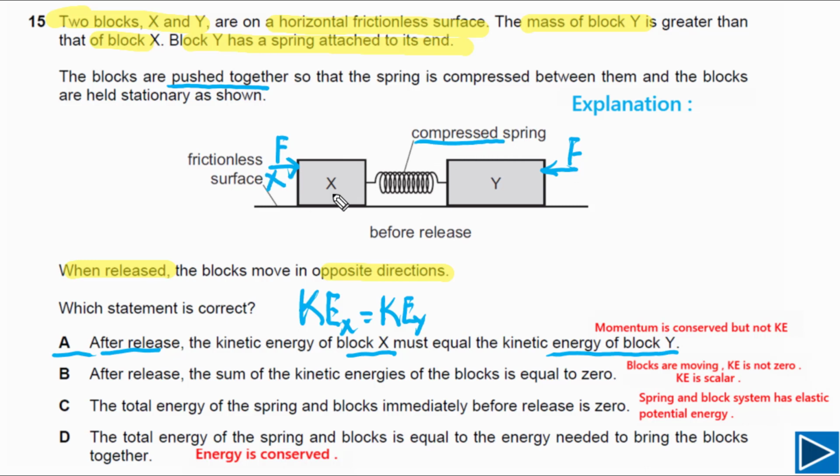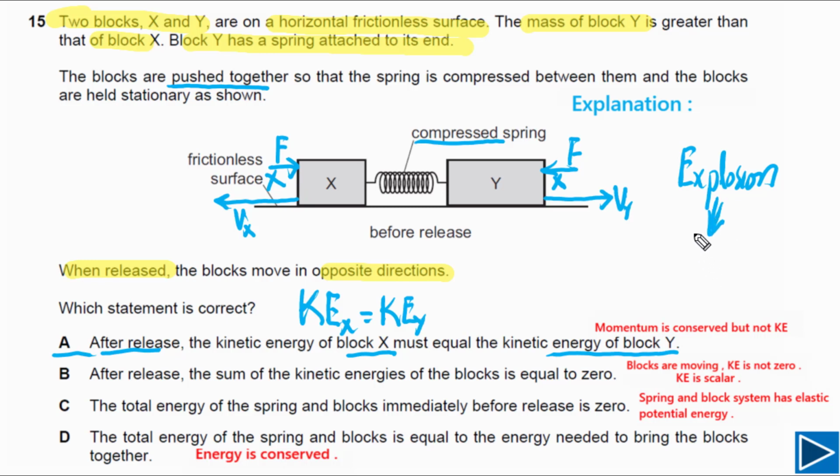Now if we remove these two forces, block Y will go to the right. Let's say the velocity of this block is Vy, and block X will go to the left. Let's say the velocity of block X is Vx. This is an example of explosion, means the system will split into smaller parts.